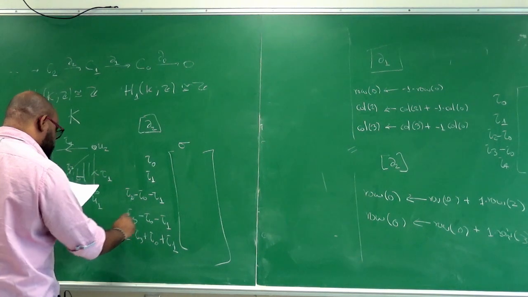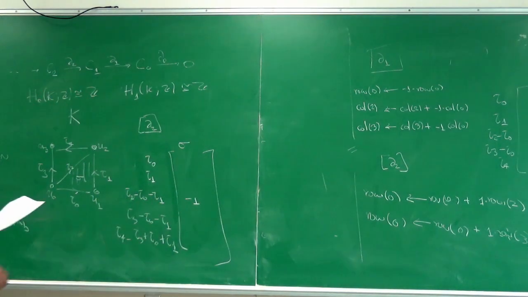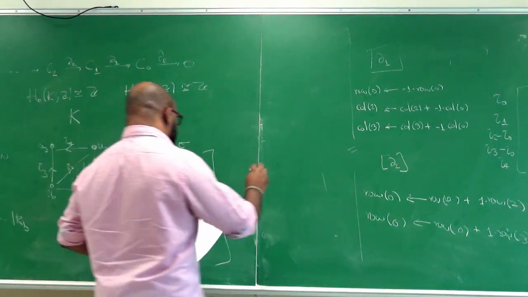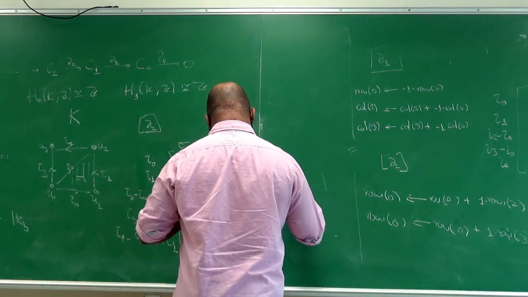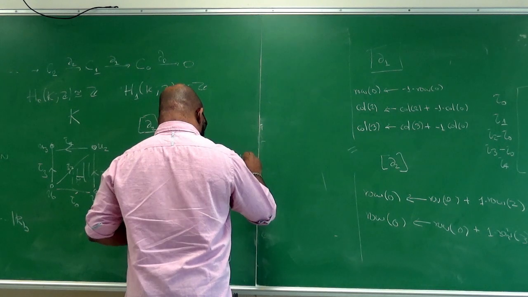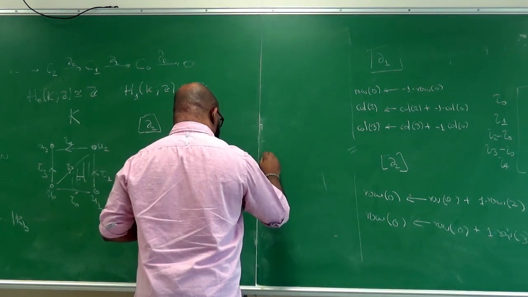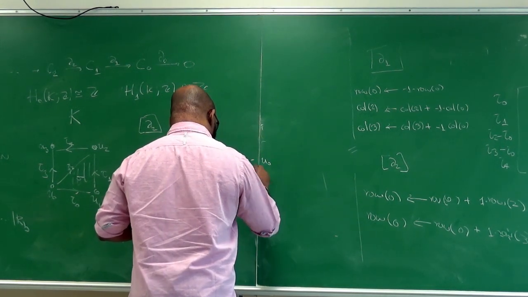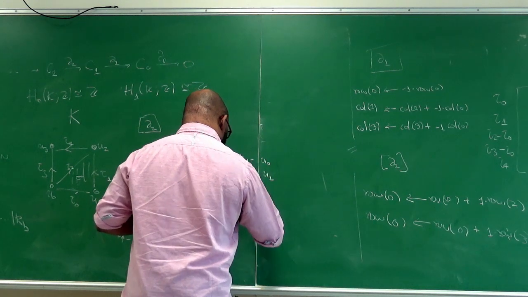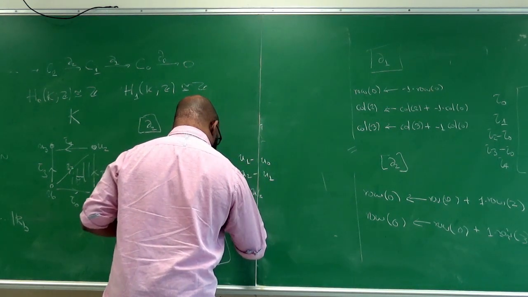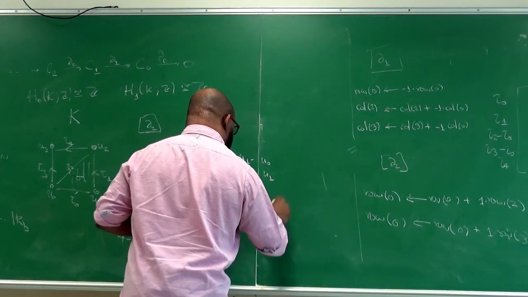And the matrix that you get is just minus 1 here, right? And then the matrix that you get in here looks like U0, U1 minus U0, U2 minus U1, U2, and then U3 minus U2.